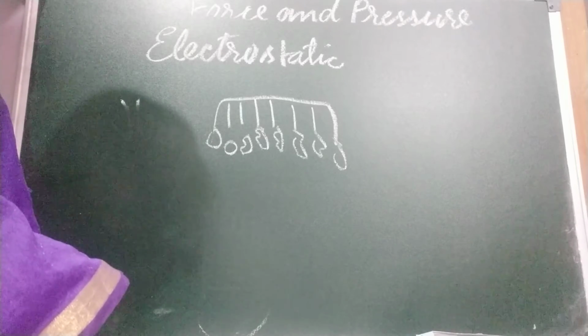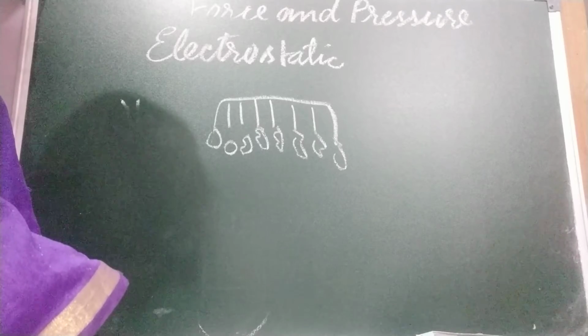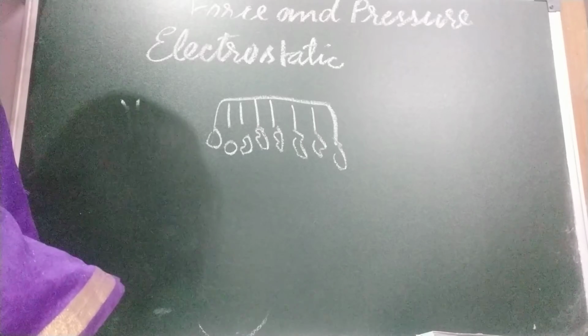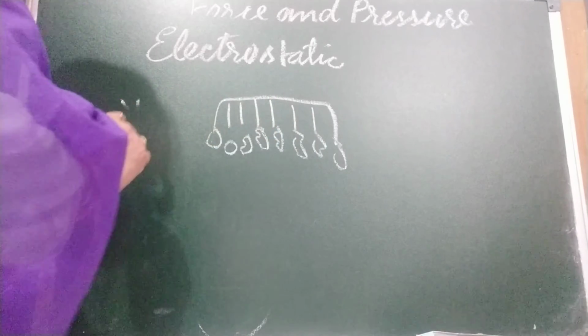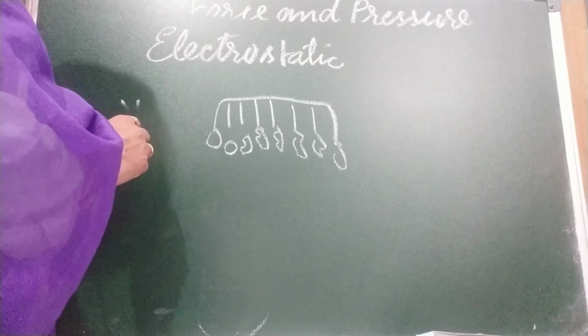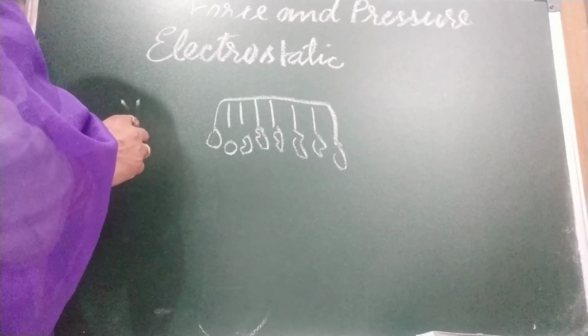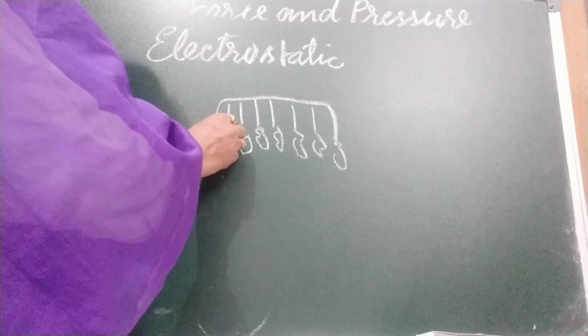When the comb is rubbed in our hair, it acquires a property called electrostatic charge. This comb becomes charged. It acquires a certain charge, positive or we can say negative charge.